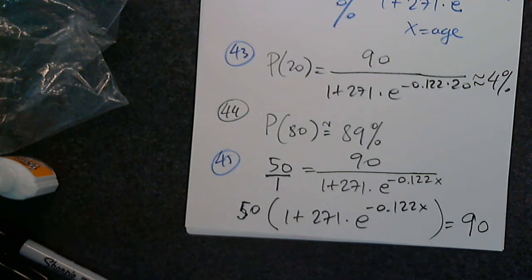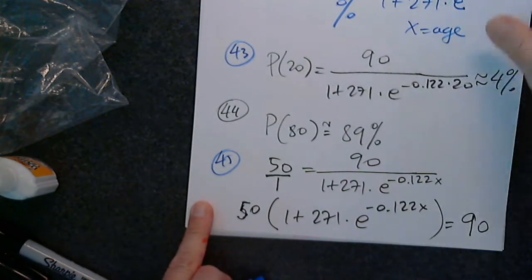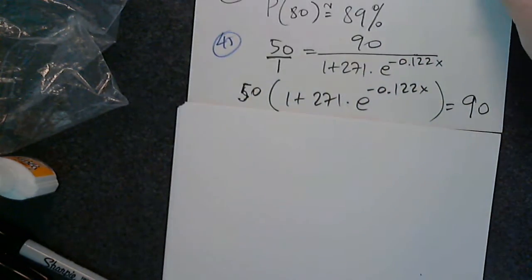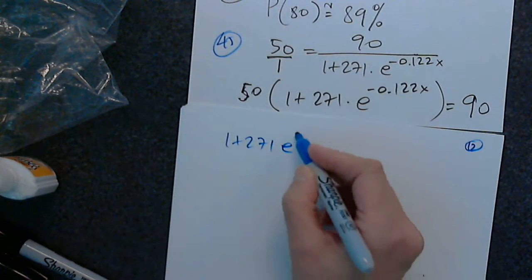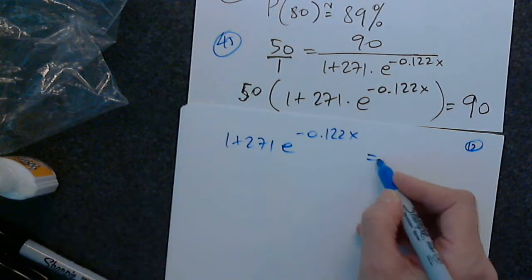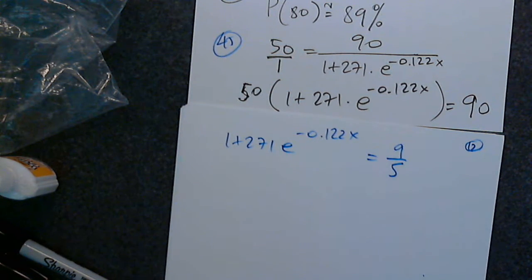We have to get to e, slowly but surely. What will you get rid of next? So divide by 50. Very good. That's the next step. So 1 plus 271 e to negative 0.122x equals 9 over 5. Excellent. 90 over 50 is 9 over 5.